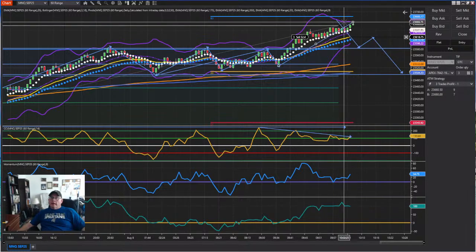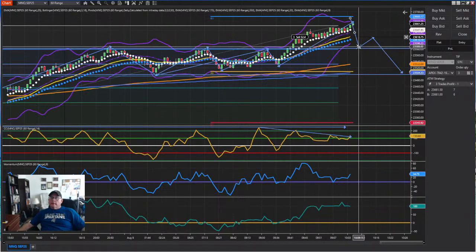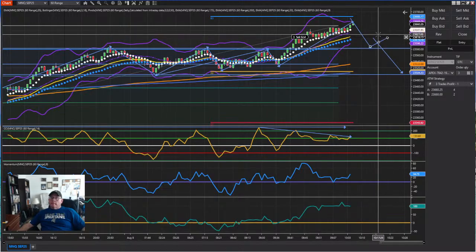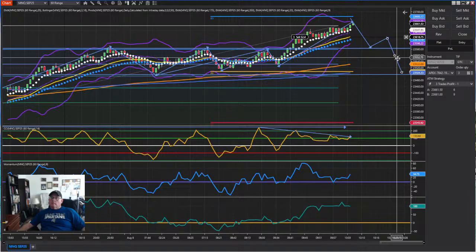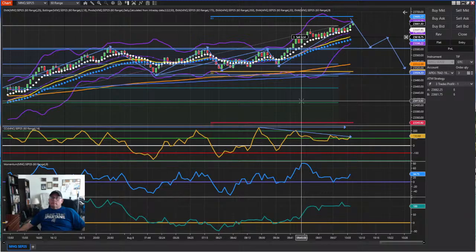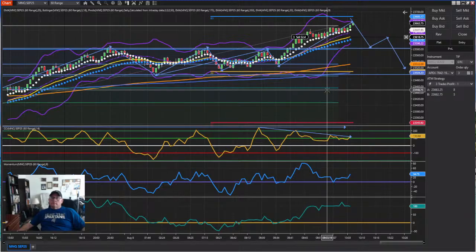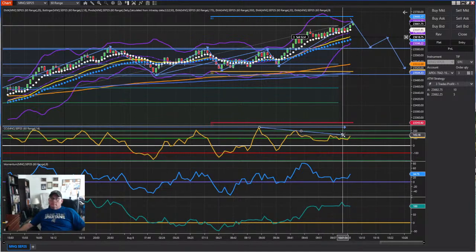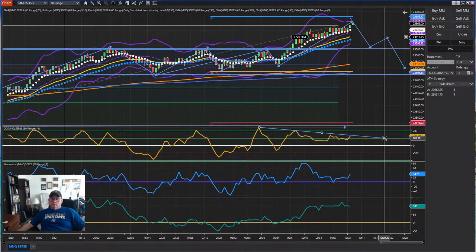To 5 points higher. Just means that we've got another line going here. For now. See if this holds right there.